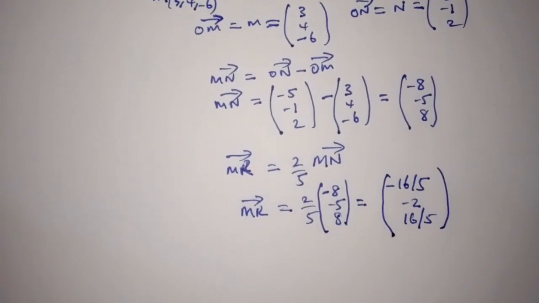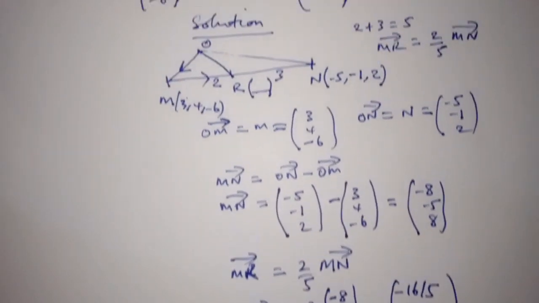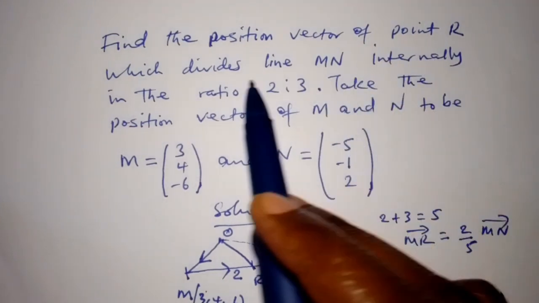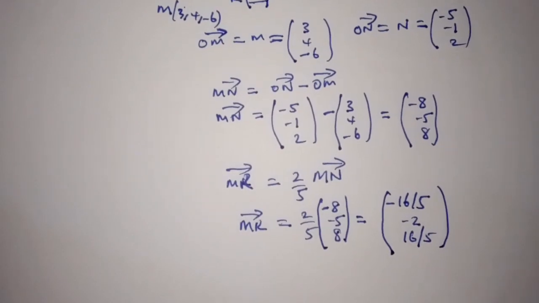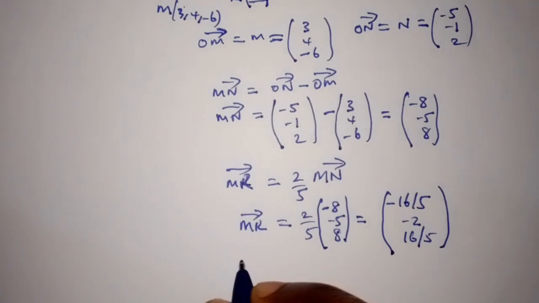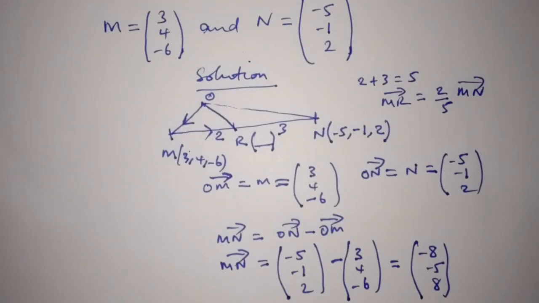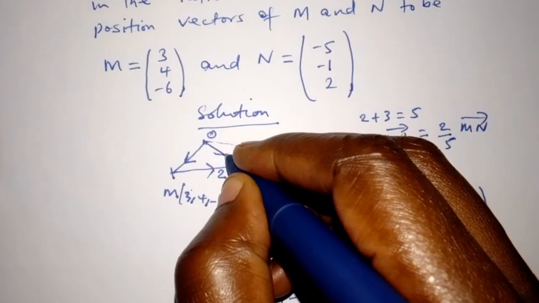How can we find the position vector of point R? We are asked, find the position vector of point R. So the position vector of point R is OR. How can we find vector OR here?